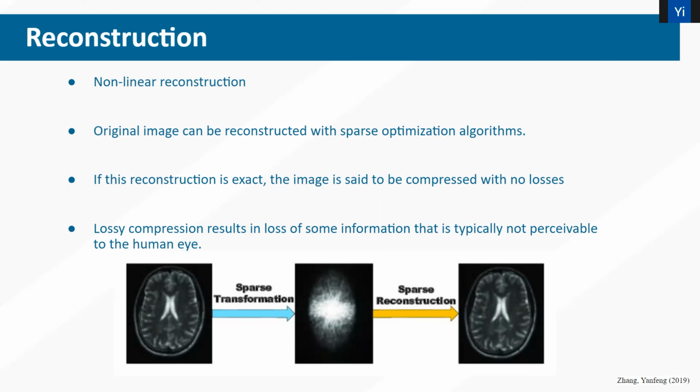In other words, the difference between the original and reconstructed image is zero. If the compression is lossy, it results in loss of some information, but this is typically not perceivable to the human eye. And this lost information is the coefficients close to zero, which are not used for reconstruction.